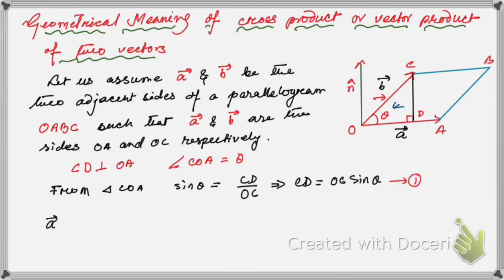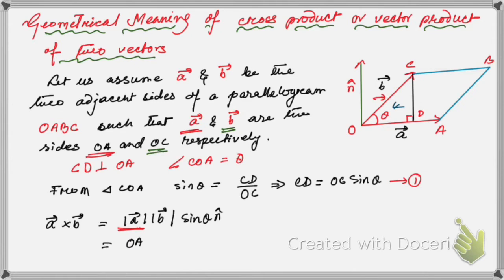Now you see, A cross B is equal to magnitude of vector A, magnitude of vector B, sin theta n cap. N cap is the unit vector along the resultant of A cross B, which is perpendicular to both the A and B vectors, right? The magnitude of vector A is represented by side OA, and the magnitude of vector B is represented by side OC, right?